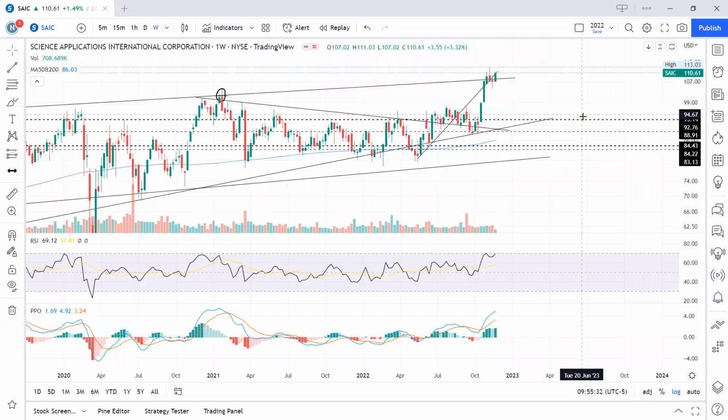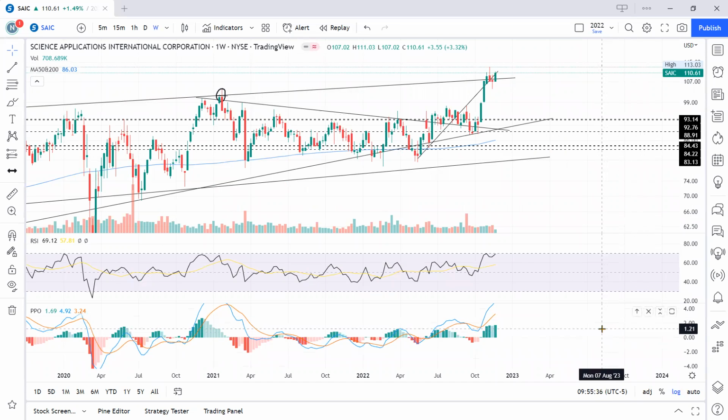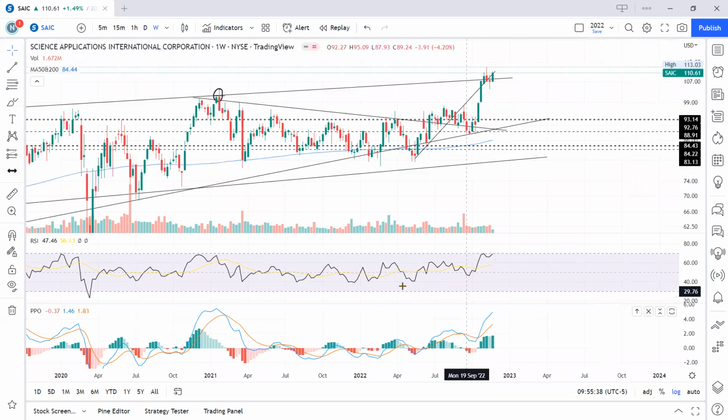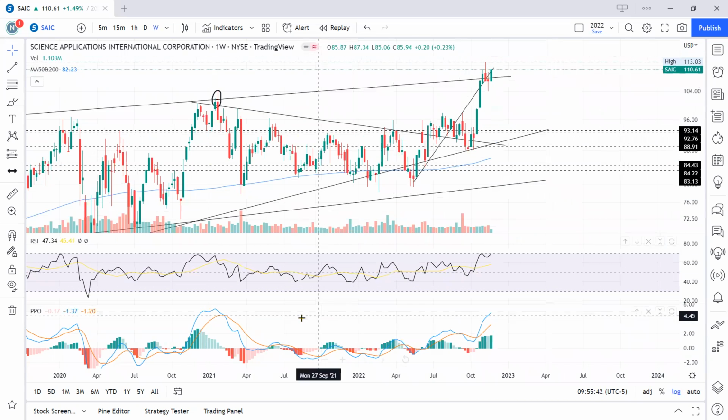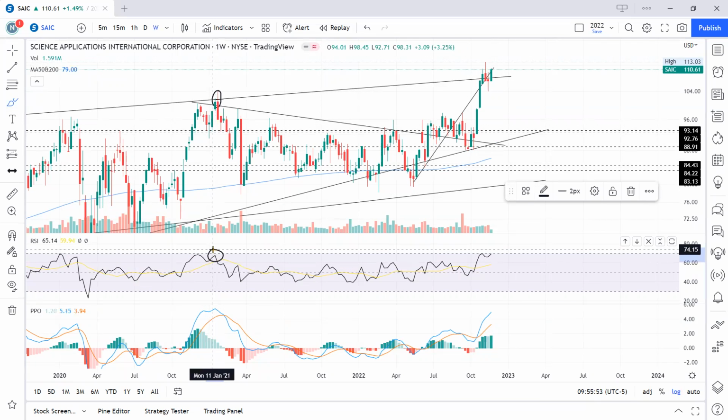Let's look at the momentum indicators and see what it says. Maybe I'm completely off. So we see from a momentum indicator that this high, okay, which is right there, corresponds with this little point, is lower. This is a higher high.